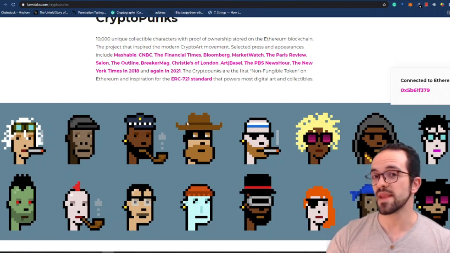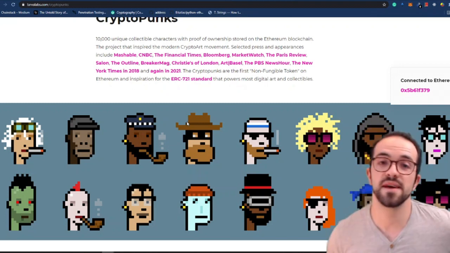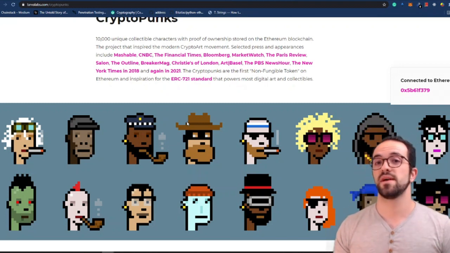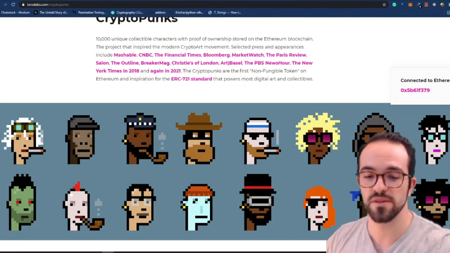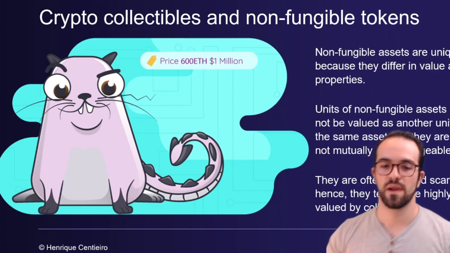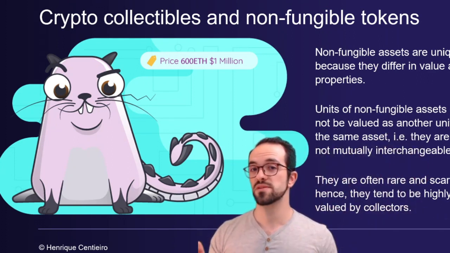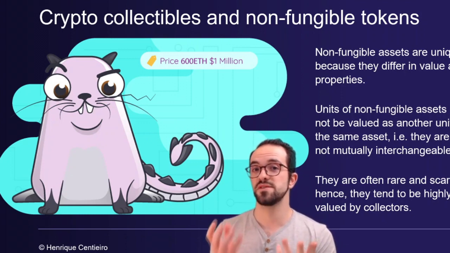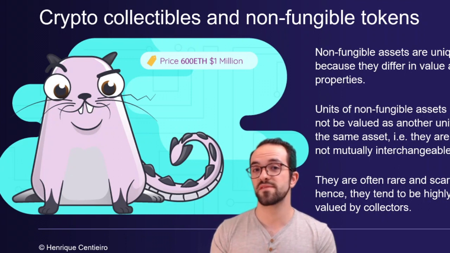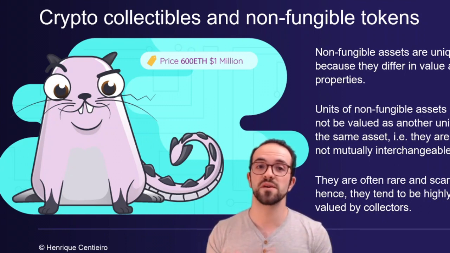NFTs, as you know already, stand for non-fungible token, and it's a whole new world. They are bringing really new business models. For example, why is this CryptoKitty worth $1 million? Because it's a unique piece of art. It's a unique token, and many other NFTs have big demand in the market, increasing their value.